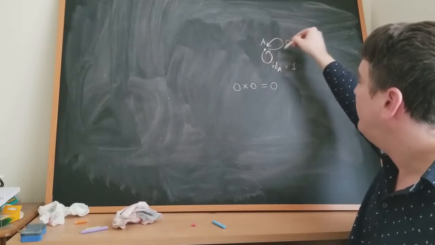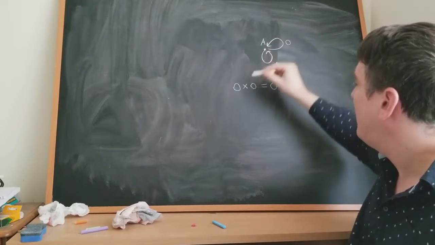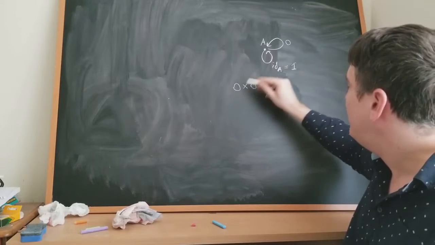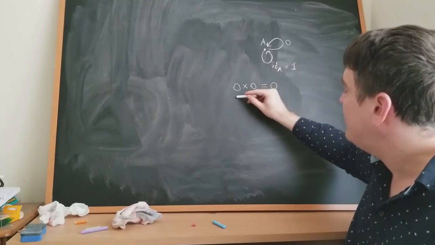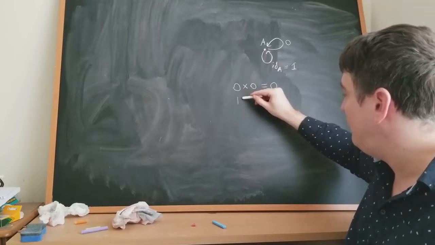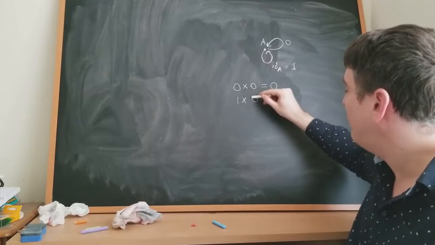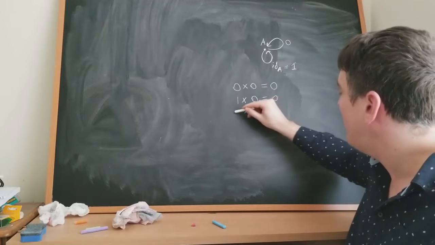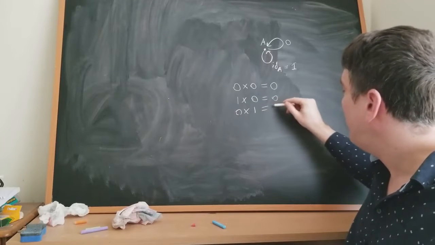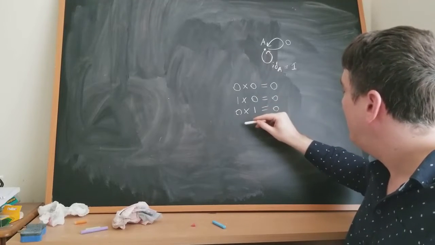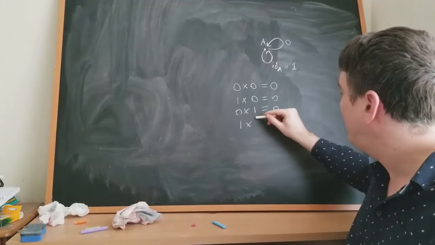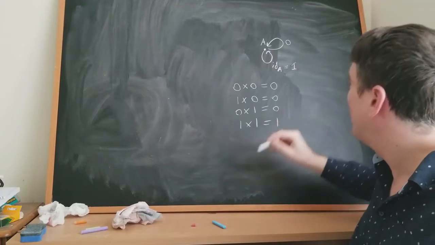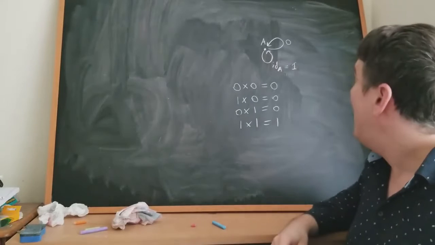If we compose this with itself, we get that arrow again. And then this does indeed act like the identity element, because if we pre-compose it with 0, we get 0. If we post-compose it with 0, we get 0. And if we compose it with itself, we get itself.